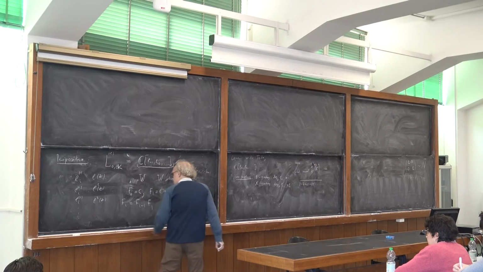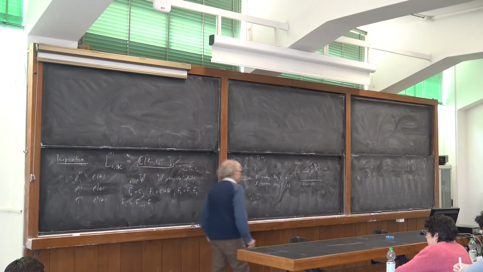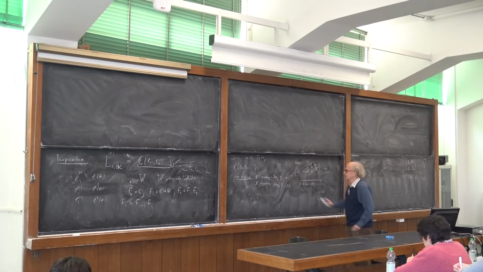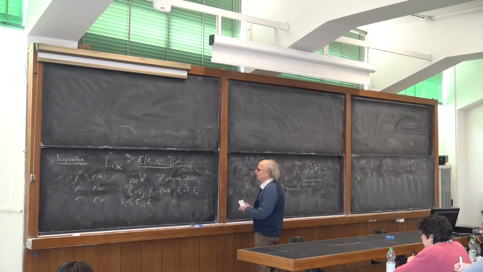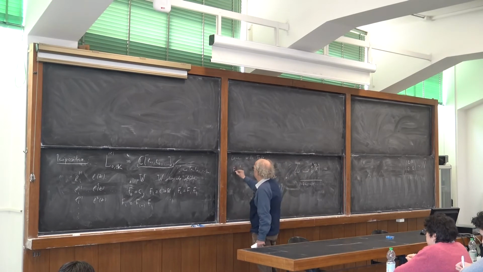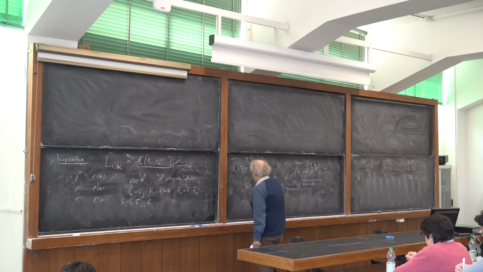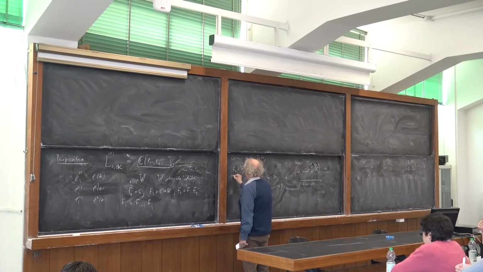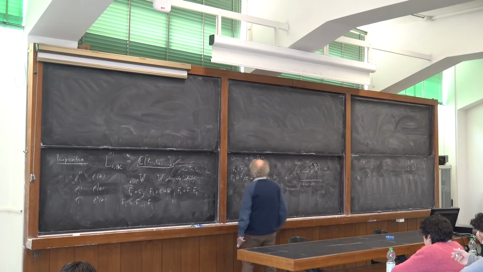So therefore we have F0 in F1 in F2, and so on, and I can construct a graded algebra from that: F0 plus F1 over F0 plus F2 over F1 plus and so on.